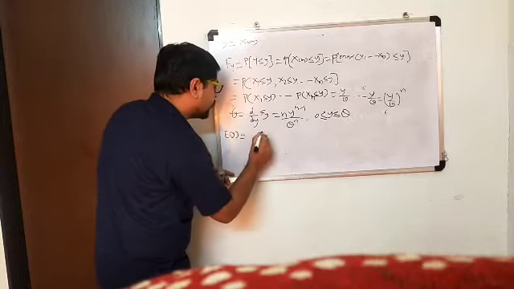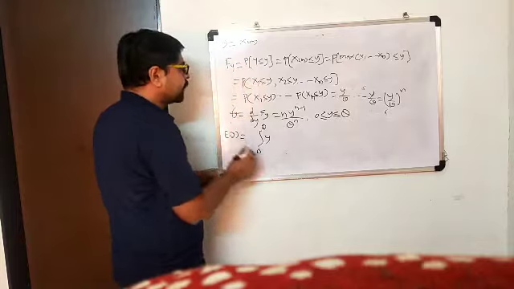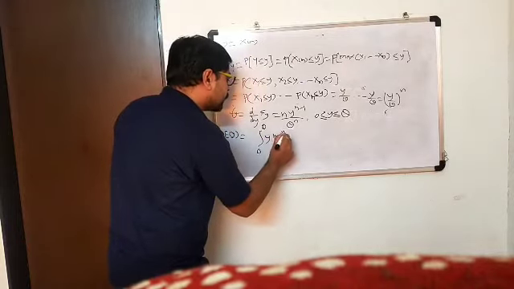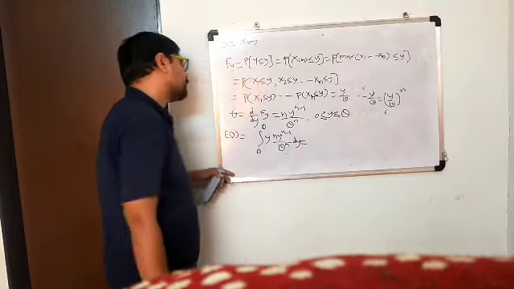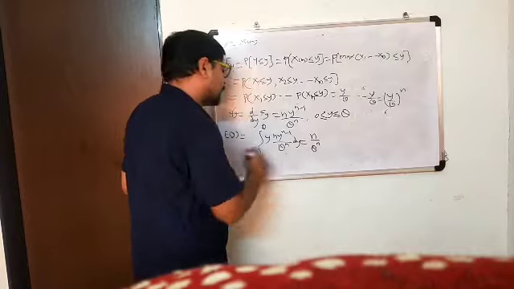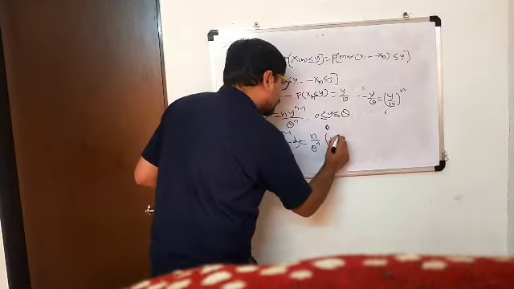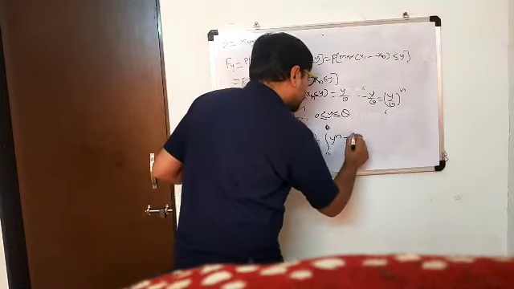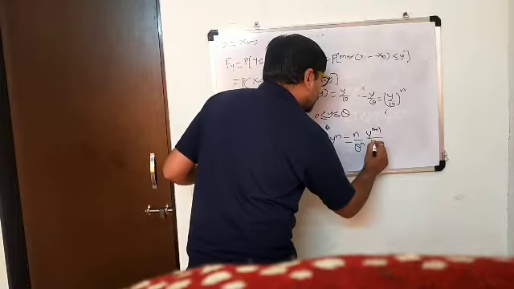Now we will find the expected value of Y. The expected value of Y is the integration from 0 to theta of y f(y) dy, where f(y) is n y raised to n minus 1 upon theta raised to n. The n upon theta raised to n is a constant, so take it outside the integration. Integration from 0 to theta of y raised to n gives n upon theta raised to n times y raised to n plus 1 upon n plus 1.